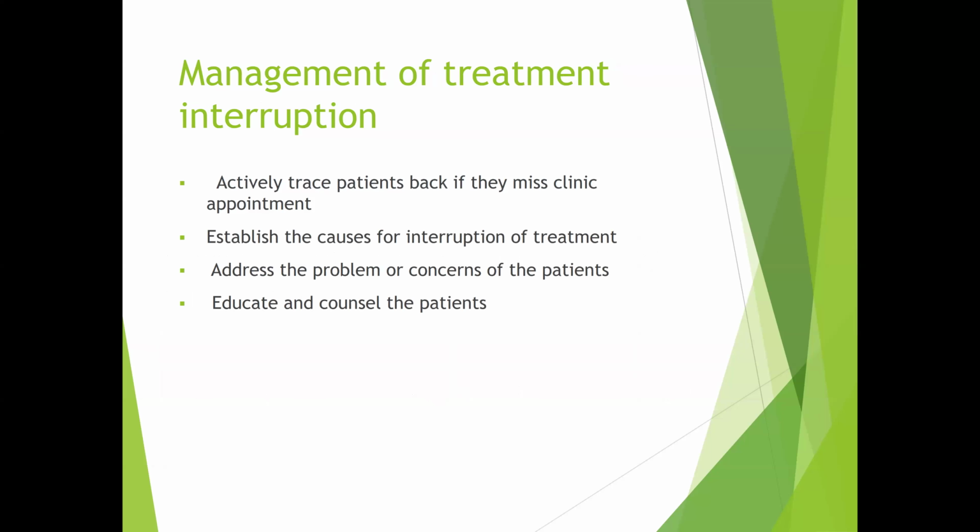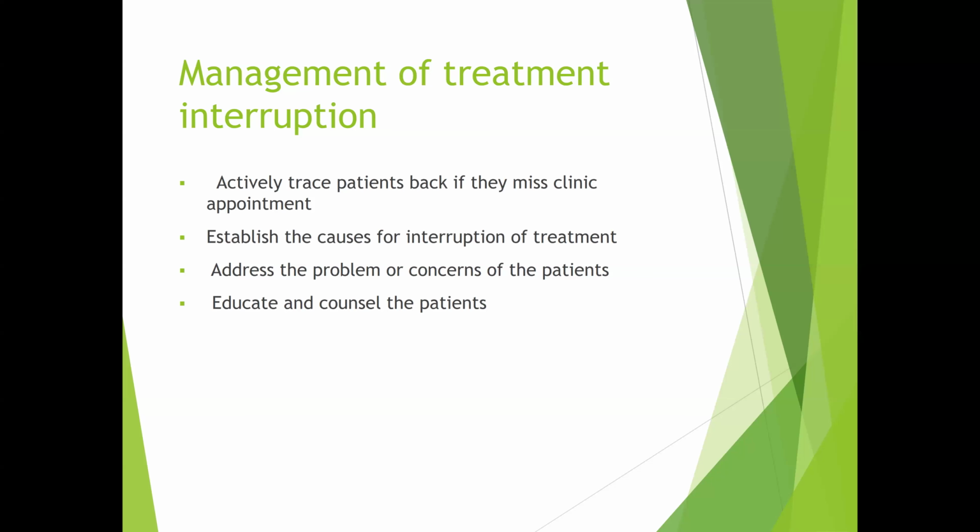Management of treatment interrupters. As a nation, we have patients who get lost to follow-up at about 5%. These are the patients who will develop drug resistance. These are the patients who will still continue the transmission of TB in our community. So how do we address patients who interrupt treatment? We actively trace patients back if they miss a clinic appointment. Call those who already have the drugs but are not taking them, as they are also interrupters.